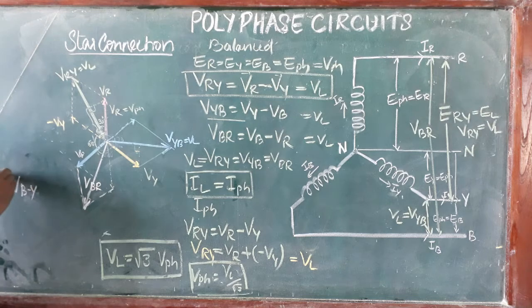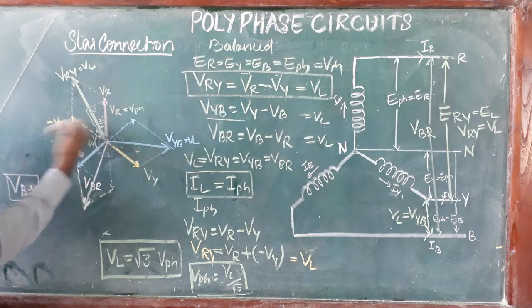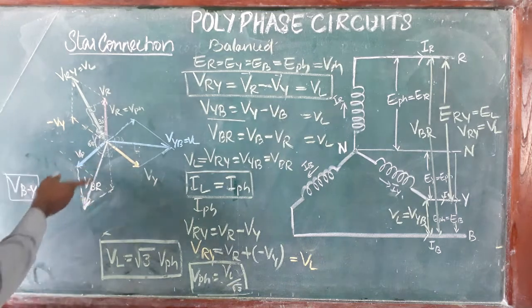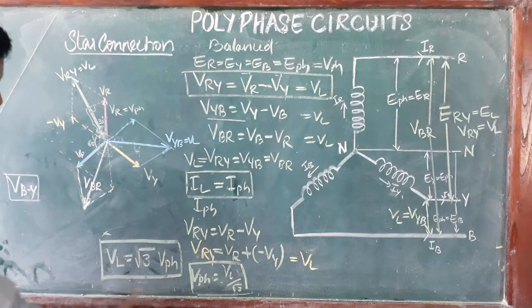Clear? So whatever voltage we have to find, we extend the same in the vector diagram, then we can find its magnitude. So the relation is VL equal to root 3 V phase.